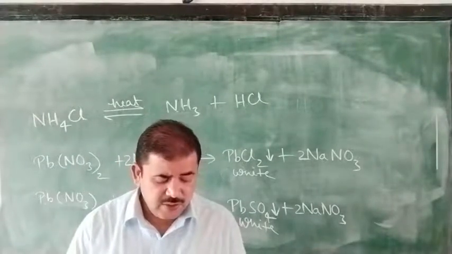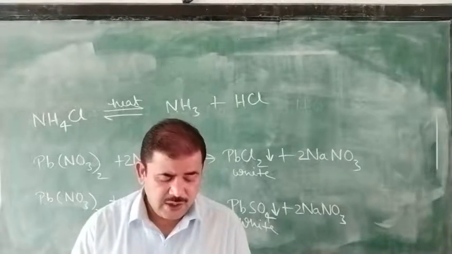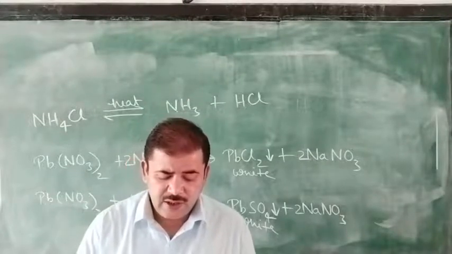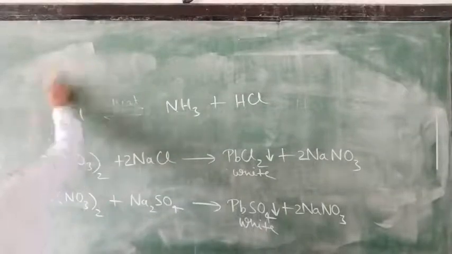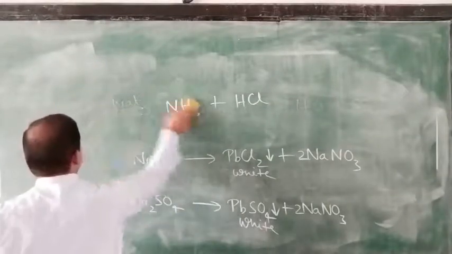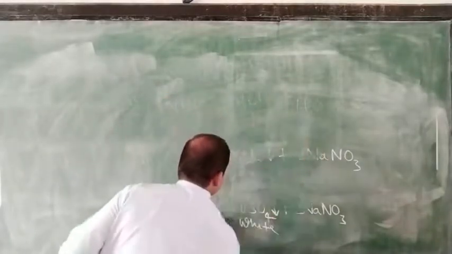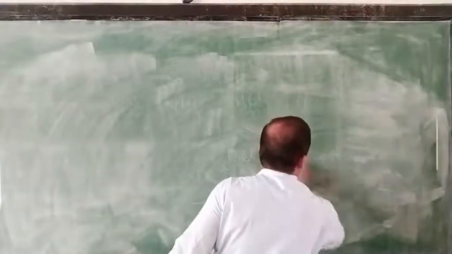Question number 8. Give a balanced equation for a direct combination reaction involving, part A, two elements, one of which is a neutral gas and the other a yellow non-metal.